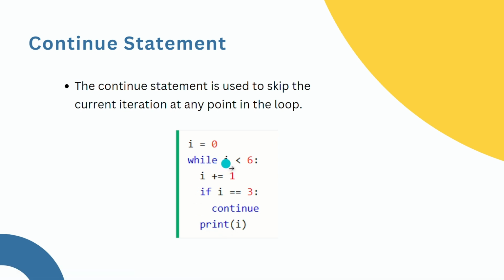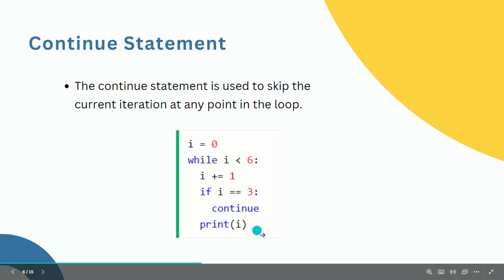Now when the value of I is 3, 3 will not be printed, 3 will be skipped, because we have an if condition and then a continue statement. So 3 will be skipped and then we'll go to 4. Again 4 will be printed. Similarly 1, 2, 4 and 5 will be printed, 3 will be skipped.